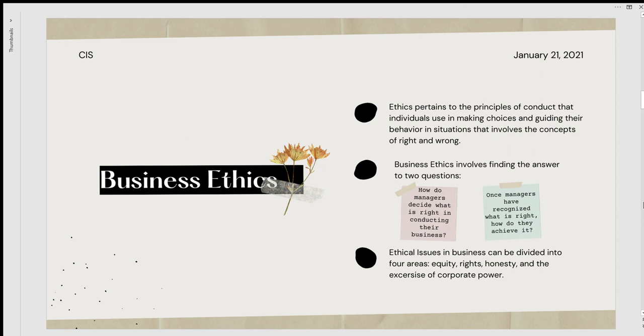So business ethics involves finding the answer to two questions: how do managers decide what is right in conducting their business, and once managers have recognized what is right, how do they achieve it? Ethical issues can be divided into four areas: equity, rights, honesty, and the exercise of corporate power.